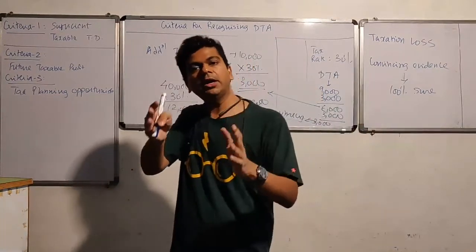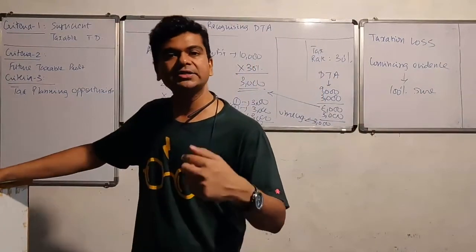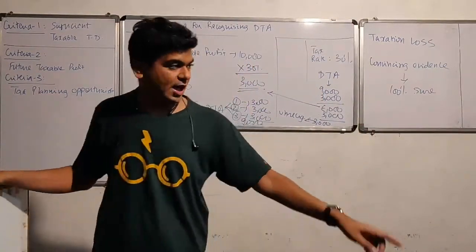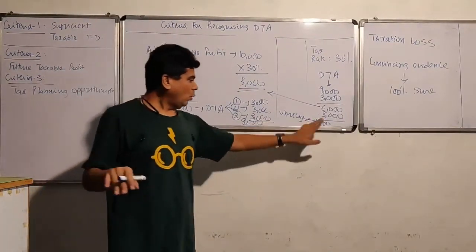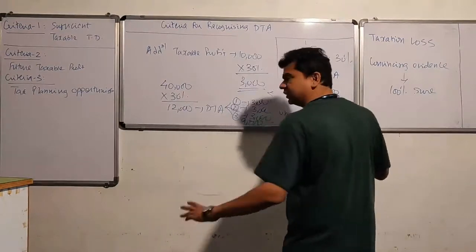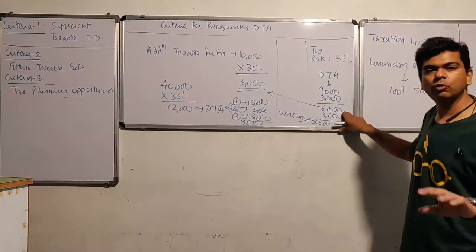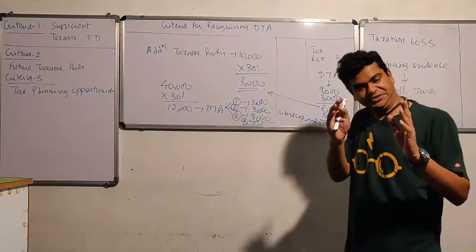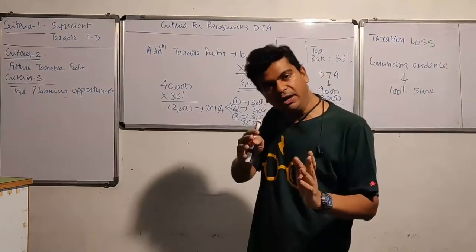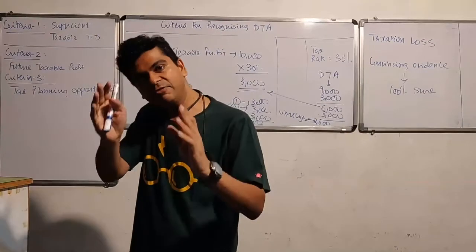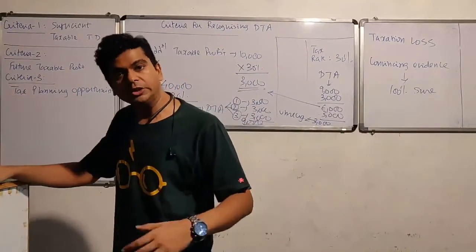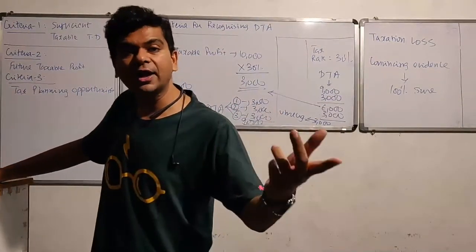So when the year comes to an end, I will recognize DTA not of 12,000, I will recognize DTA of 9,000 rupees. What about this unrecognized DTA of 3,000? In the current year, it will be ignored. But yes, at the time of preparing every balance sheet, I'm talking about the future years now, whenever you are preparing your balance sheets, you should review the unrecognized DTA.